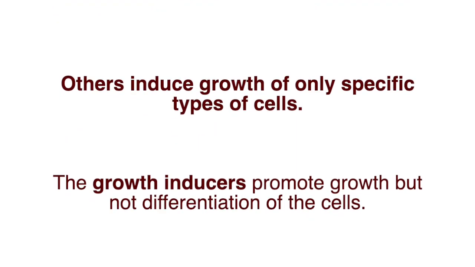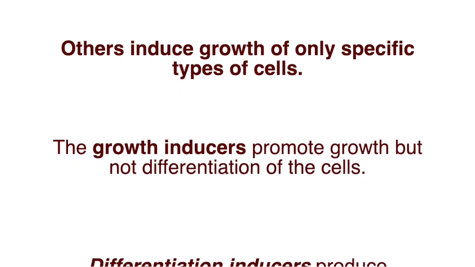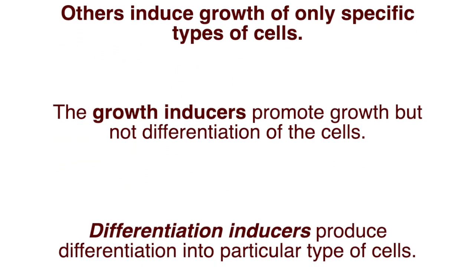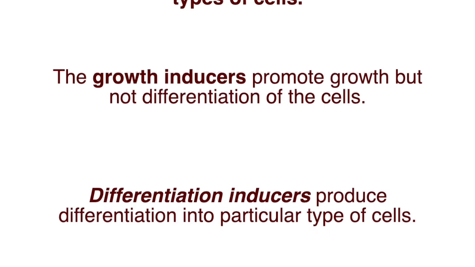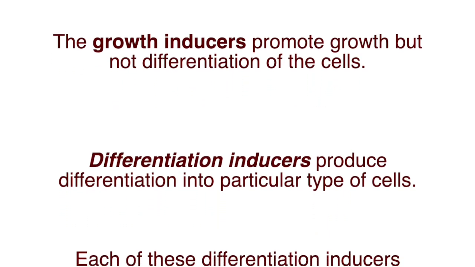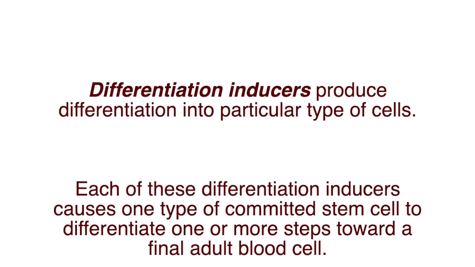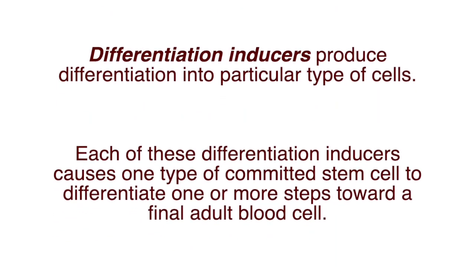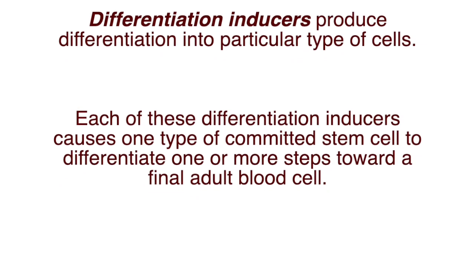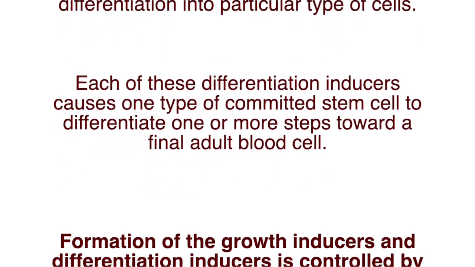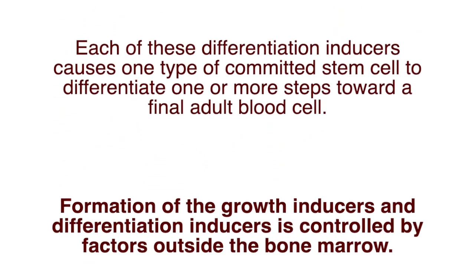The growth inducers promote growth but not differentiation of the cells. Differentiation inducers produce differentiation into particular types of cells. Each of these differentiation inducers causes one type of committed stem cell to differentiate one or more steps toward a final adult blood cell.